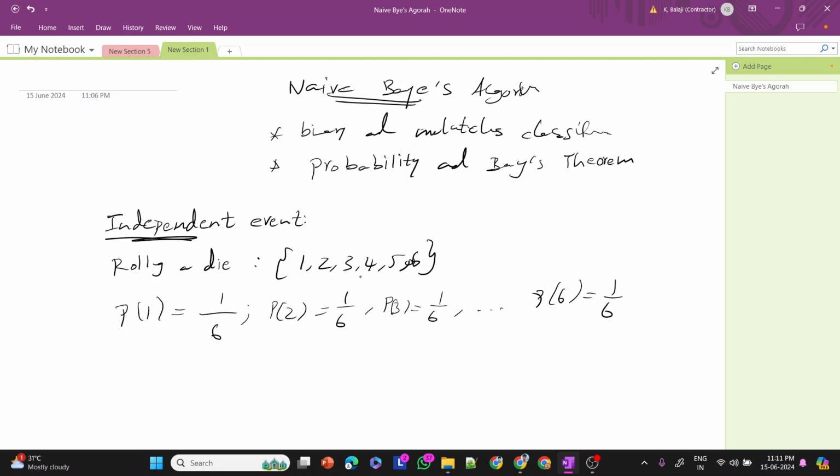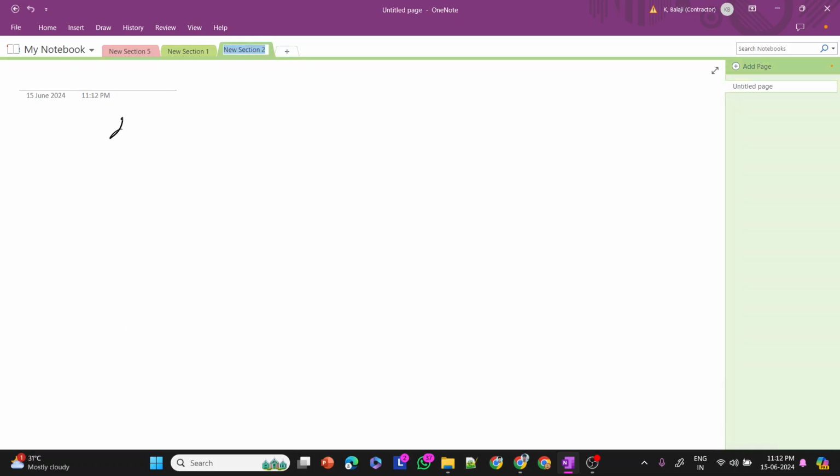Then, whenever we roll the die another time, we will get any one of these 6. So an independent event does not impact another event.